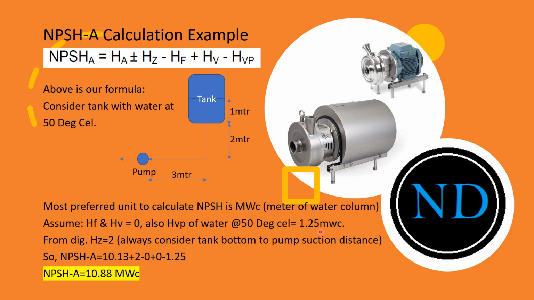In the description box you can find the link, okay. So here I have written some text that always consider the tank bottom to the pump suction distance, not the 1 meter inside the tank, you don't consider it. So when you do the subtraction and addition, you will get that NPSH available is 10.88.